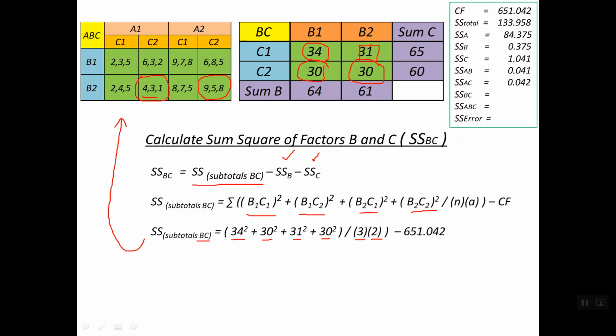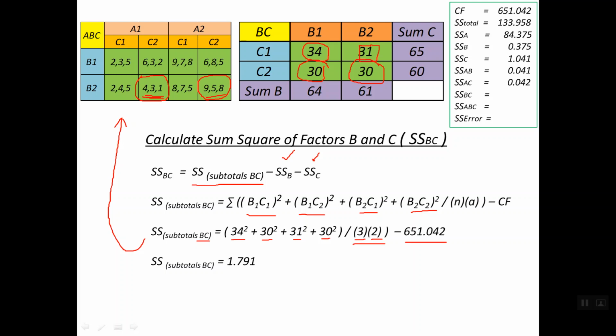If you make a simple summation, we have here 8, with 9 we have 17, 22, so we have 30. Regarding the number of observations for B2C2, here we have 3, and here we have 3, so both are 6. So 3 by 2 is equal to 6, and this is the correction factor.